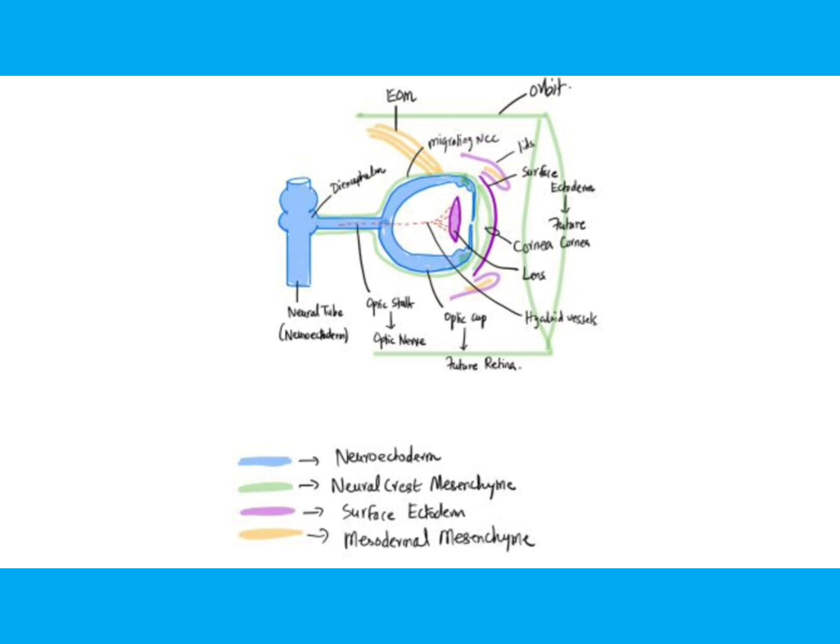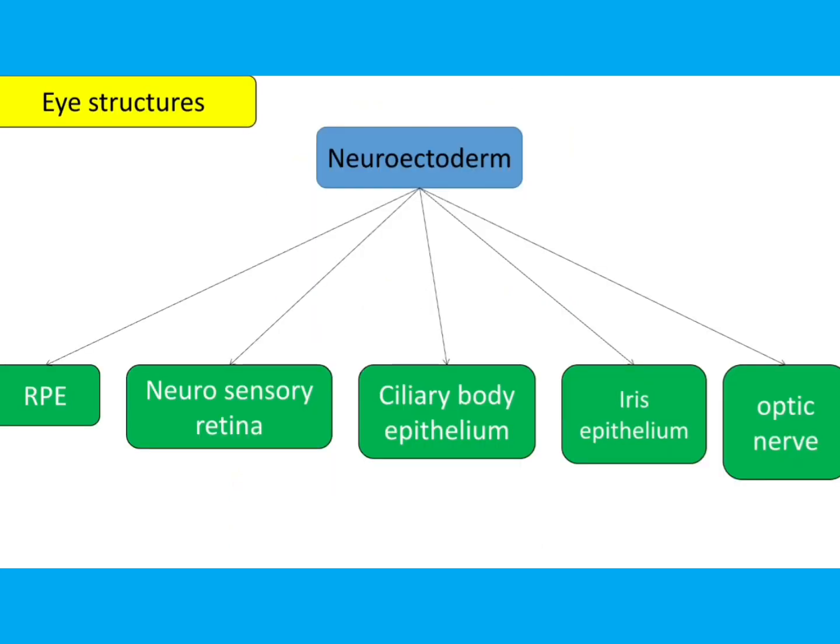Okay, and this surface ectoderm is making the lens, and then eyelid skin, vitreous, epithelium of cornea and conjunctiva, and lacrimal gland. So this neuroectoderm is responsible for RPE, neurosensory retina, ciliary body, iris epithelium, and optic nerve, right? And optic nerve means the optic stalk is transforming to optic nerve, right?